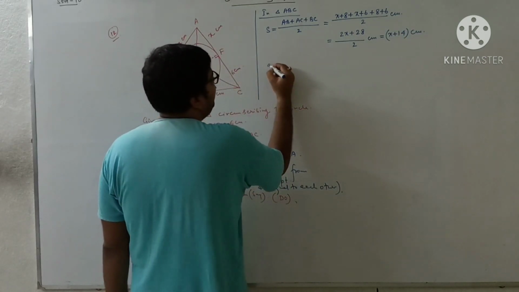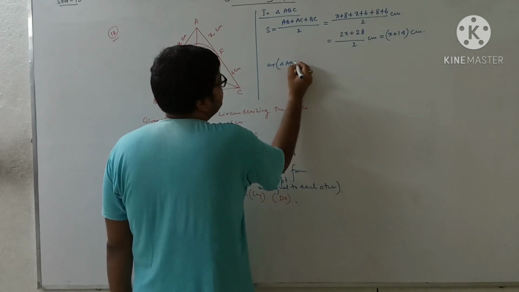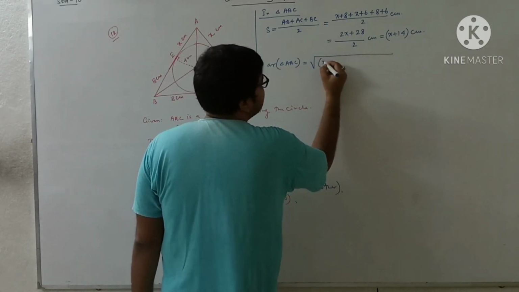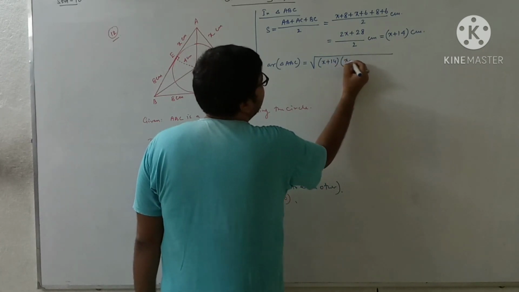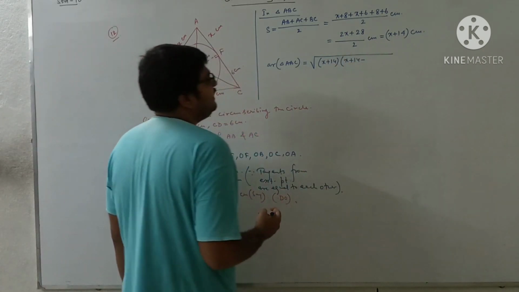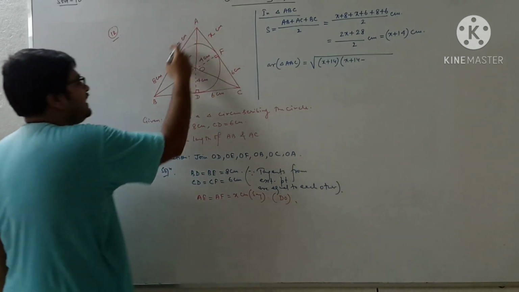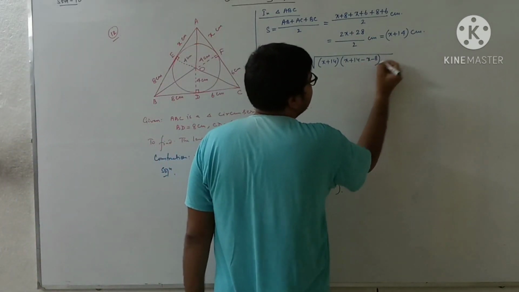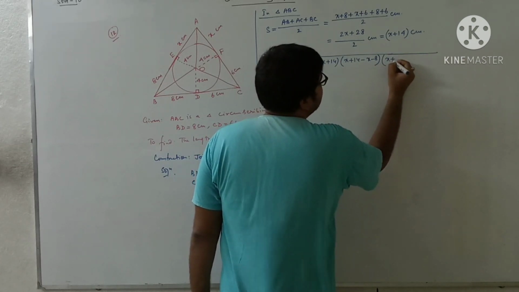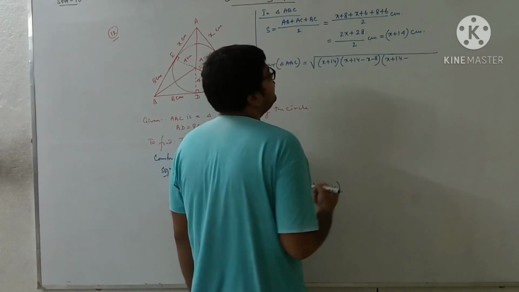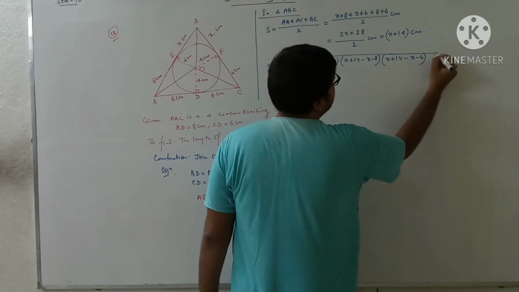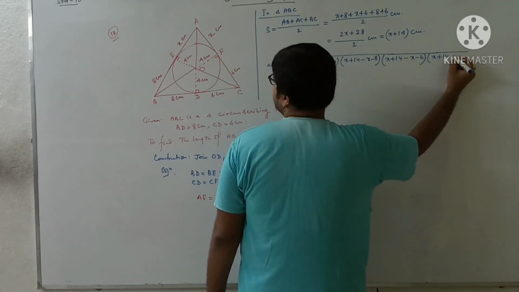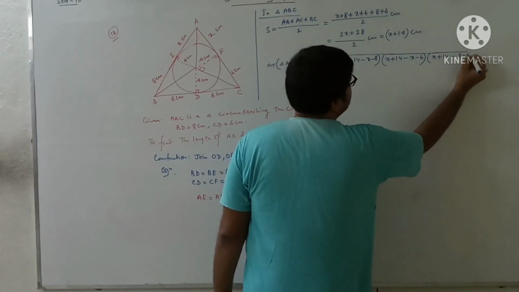So area of triangle ABC will be root over of S into S minus A. A means we are taking this AB side, that is x plus 8. So x plus 14 minus x minus 8. Then S minus B, that means x plus 14 minus x minus 6. Then S minus C, that is x plus 14 minus 8 minus 6.